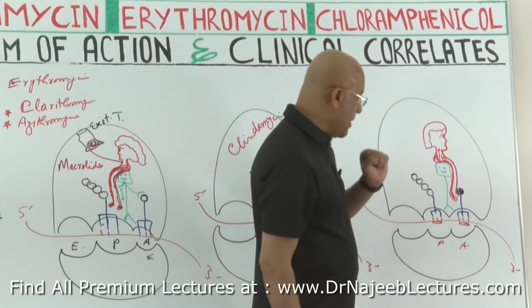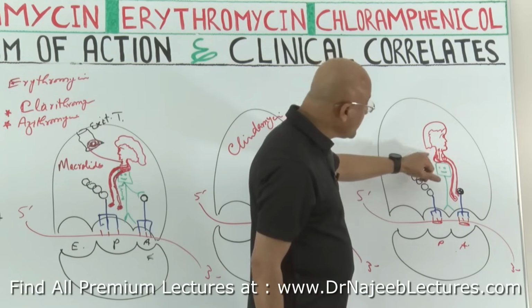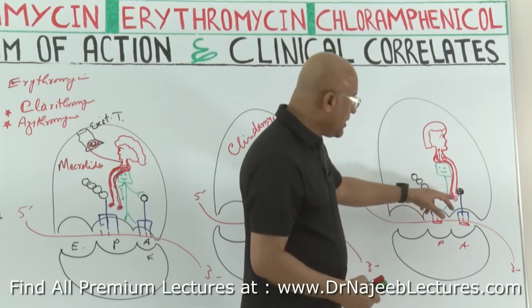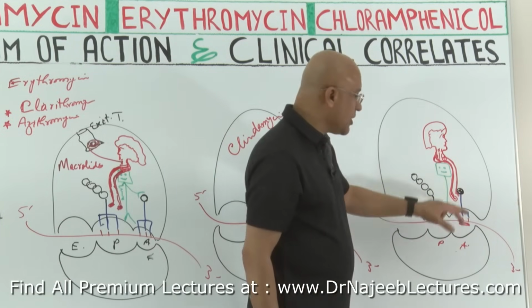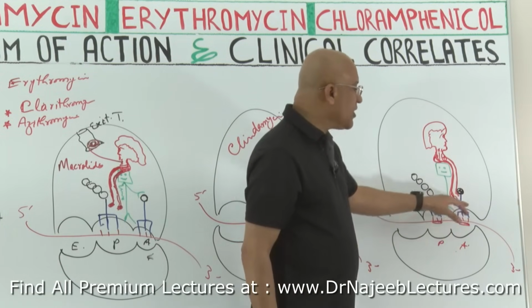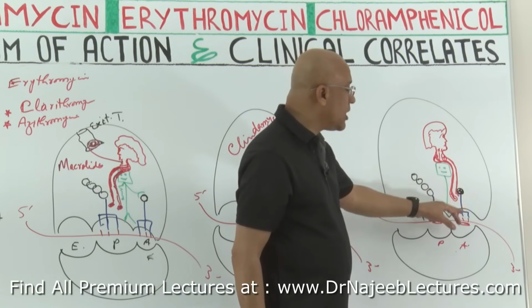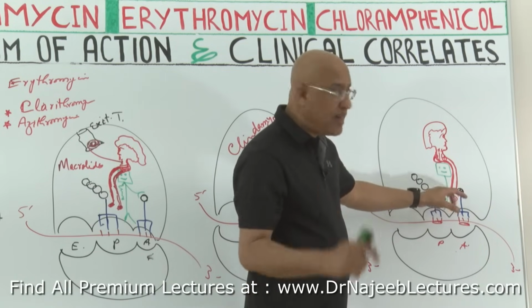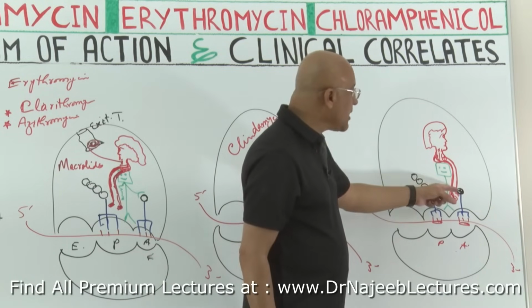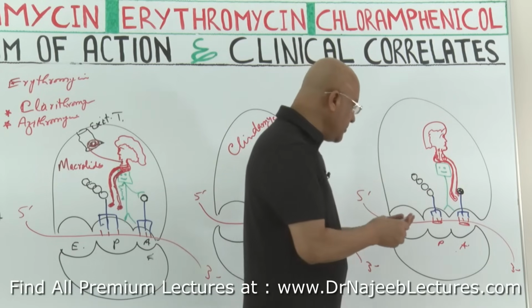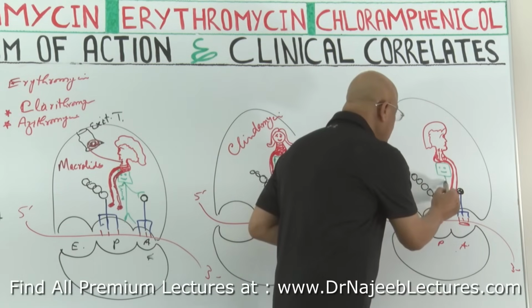So what will happen? In the presence of chloramphenicol, the A site will not function well. Aminoacyl transfer RNA will be disturbed sterically at its position, and there will be no bond formation between what?